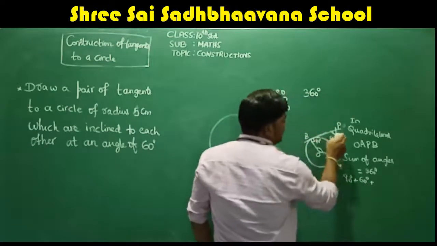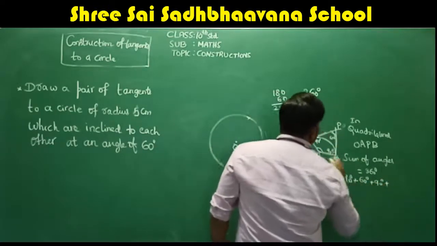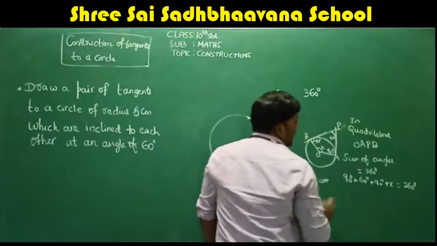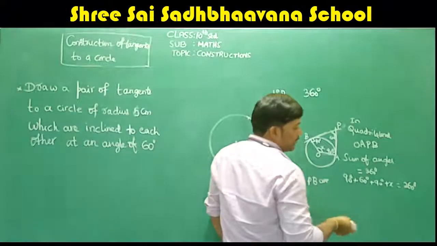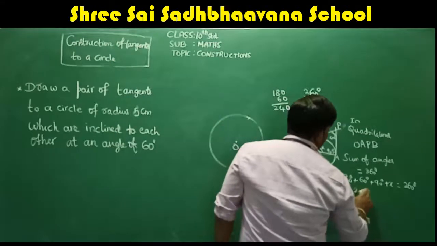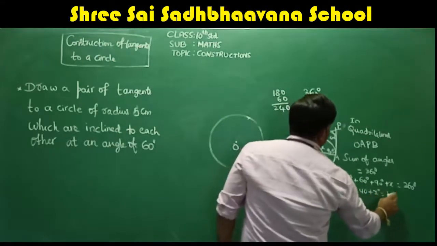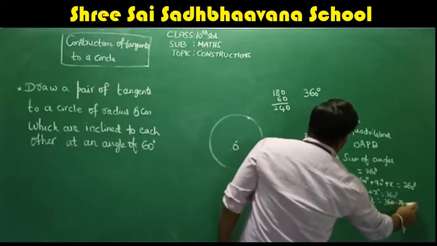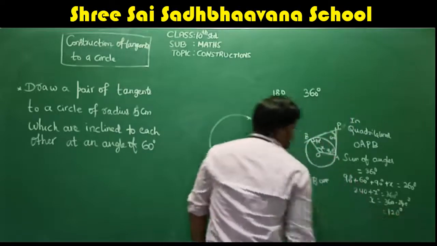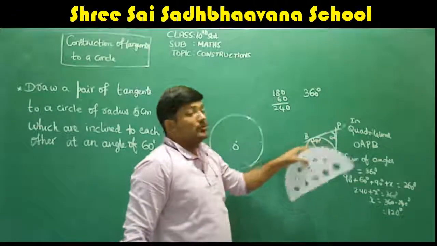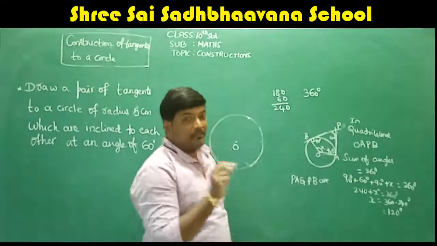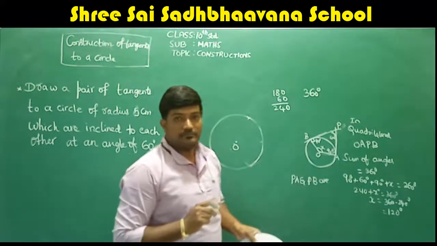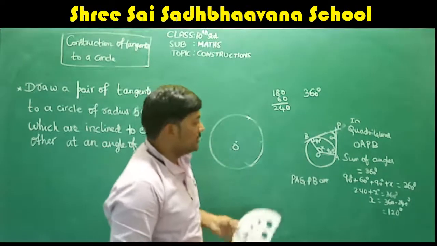It's very simple. 90 plus 60 plus 90, and let me take the unknown angle as x, which is equal to 360 degrees. If you add, 90 plus 90 is 180, 180 plus 60 is 240. So 240 plus x is equal to 360, and x is equal to 360 minus 240, which is 120 degrees. So this should be 120. This is how we come to know the x value is 120 degrees.